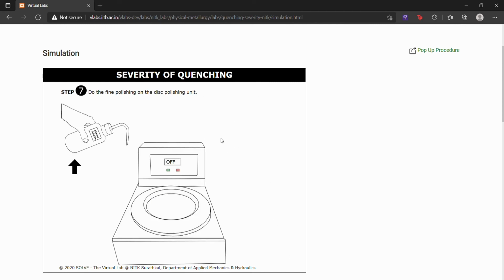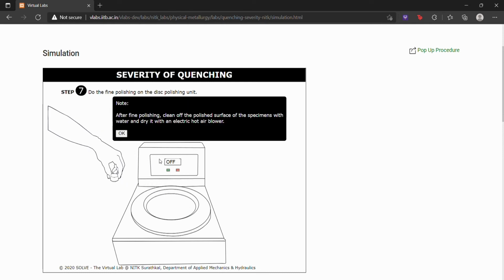Step 7 is to do the fine polishing on the disc polishing unit. After fine polishing, clean off the polished surface of the specimens with water and dry it with an electric hot air blower.